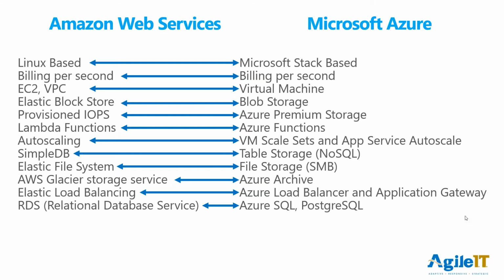AWS, as Sean mentioned, is geared towards a do-it-yourself approach. If you want to integrate things, there's not that tight integration like the Azure DevOps offering. There's not really an exact equivalent for that on AWS.